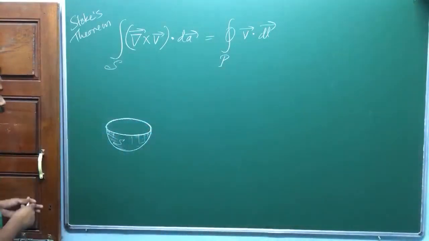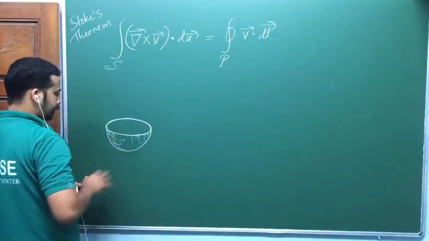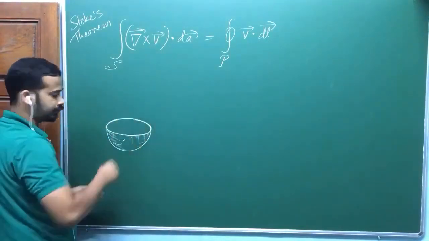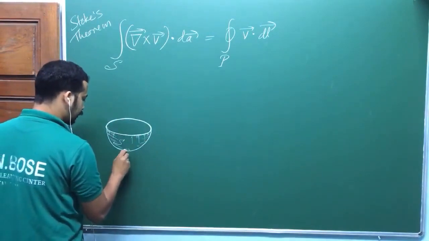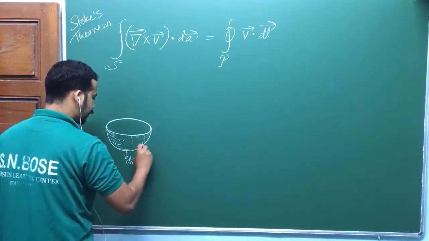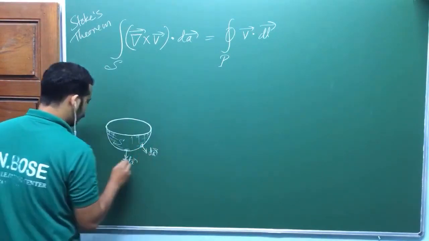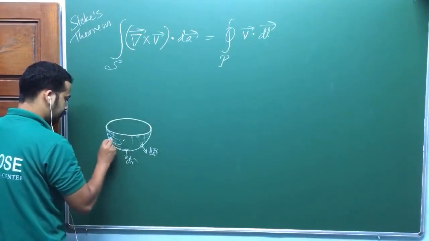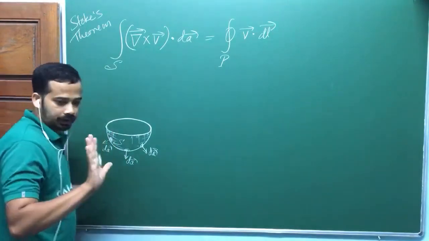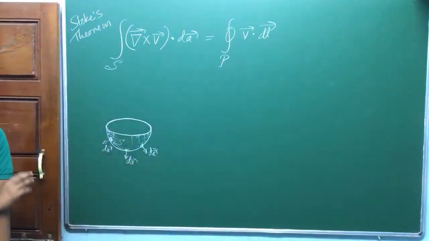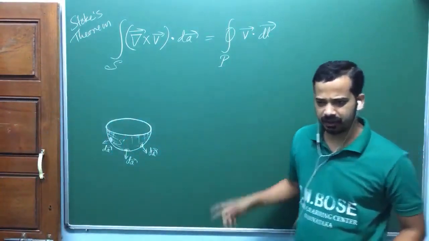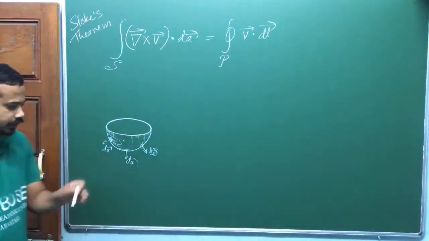Now look here. If you take your path integral, let me start with this one. If you take your dA vector like this, then in the right hand thumb rule, your thumb should represent the dA vector direction. But that is comfortable only for planar areas. It's a curved area, so it's not so comfortable to apply, but still look here.